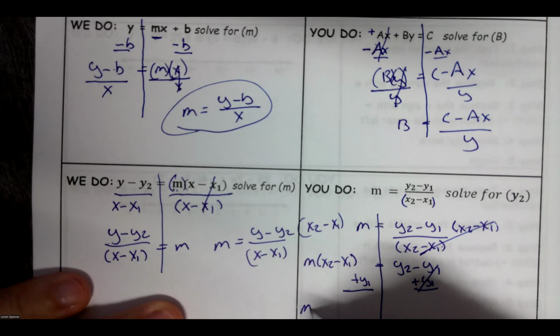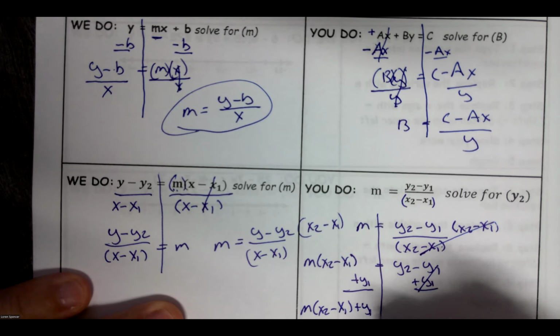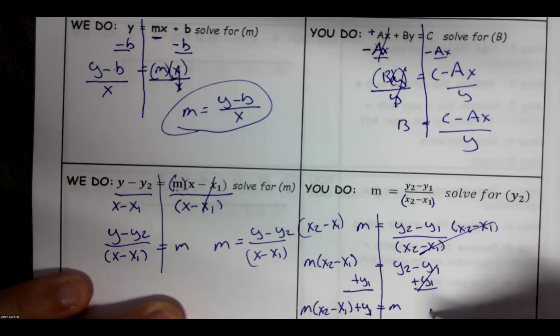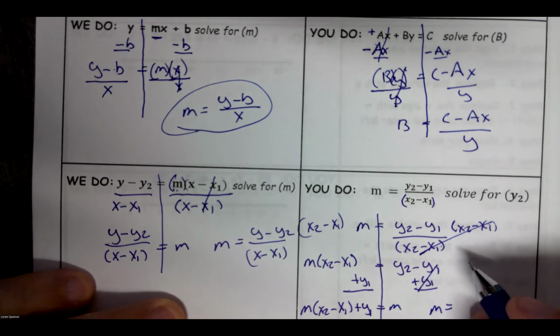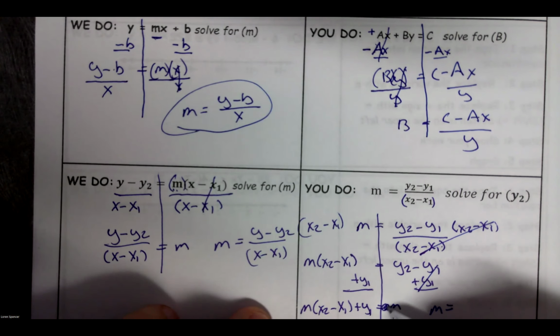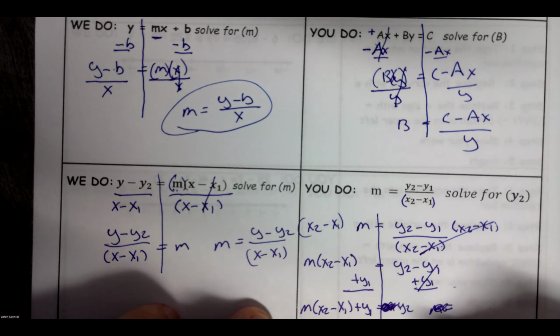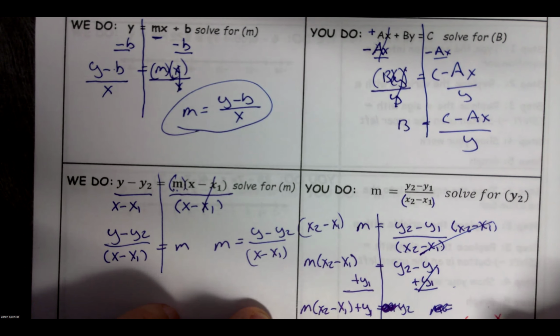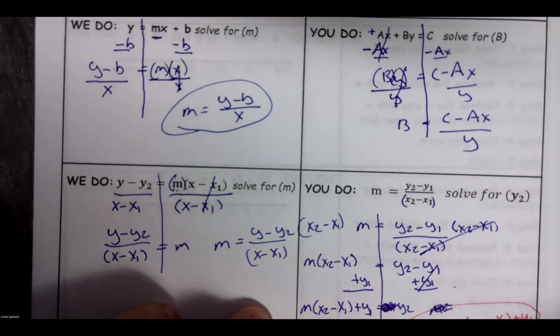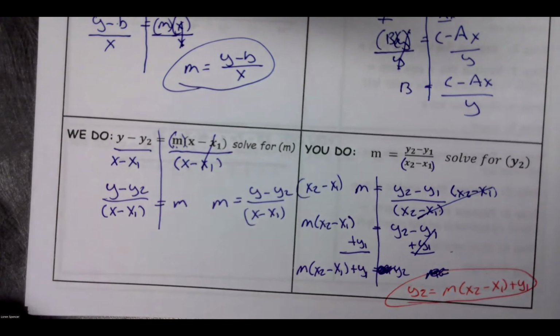And now I have m times x2 minus x1 plus y1. But let me rewrite that in red. So y2 equals m times x2 minus x1 plus y1 on the end. Hopefully that helps with that. I'm going to pause this for a moment.